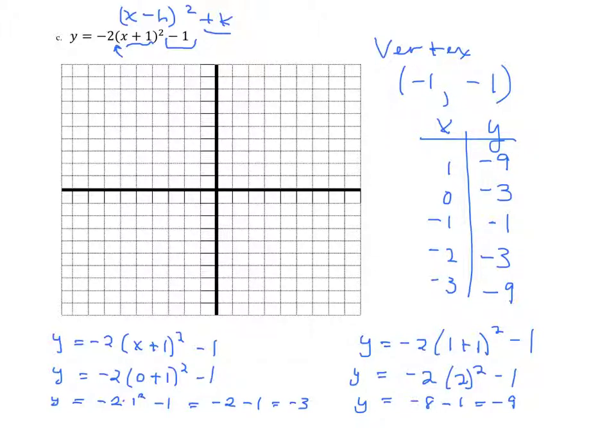So now we just need to graph. Let's graph in red. So there's x and y. So I'm going to graph the vertex -1, -1. There he is. I'll graph the point 0, comma, -3. There he is. Graph the point 1, comma, -9. Yay. And then we'll just graph the other ones, which are just symmetric.